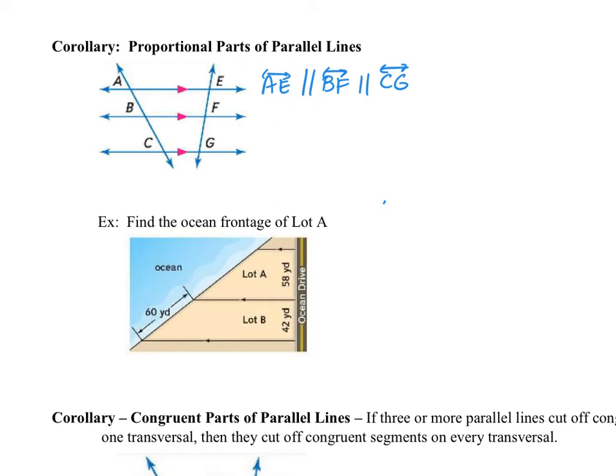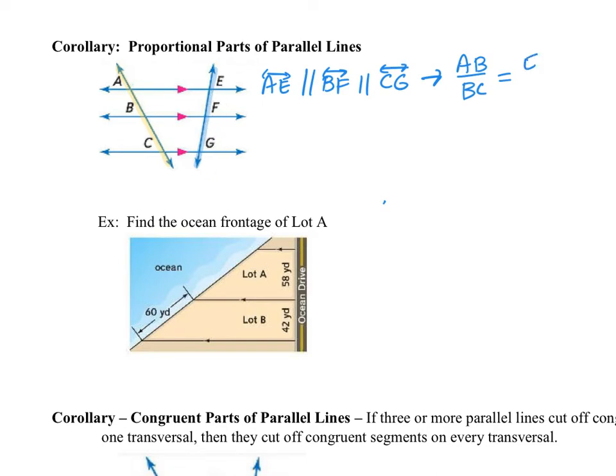Okay, so we have three lines that are parallel, and those parallel lines are intersecting two transversals. Let me just highlight the transversals. The parallel lines are intersecting this yellow transversal and this blue transversal. The conclusion of this corollary says that these parallel lines are cutting the transversals proportionally. So in other words, the ratio of AB to BC, and proportional, remember, means equal ratios, is equal to the ratio of the parts of the blue transversal, so that would be EF to FG.